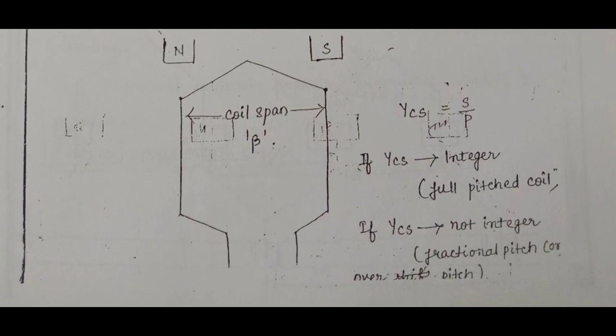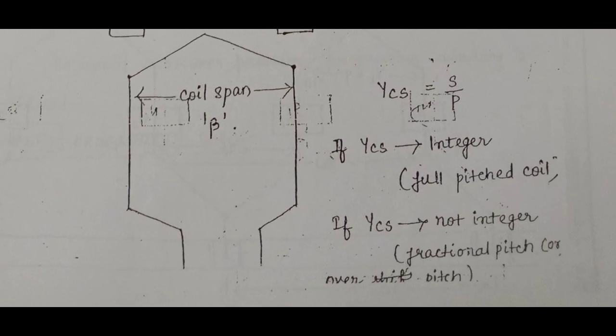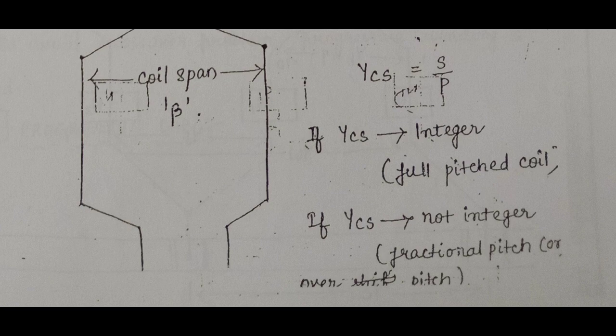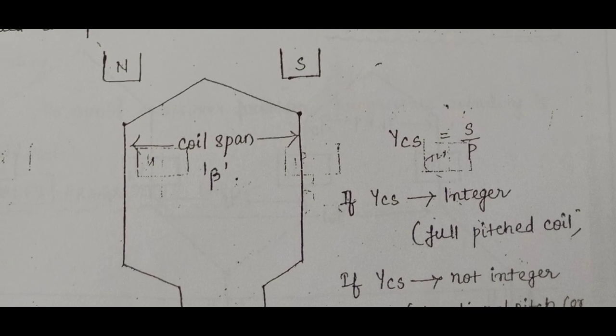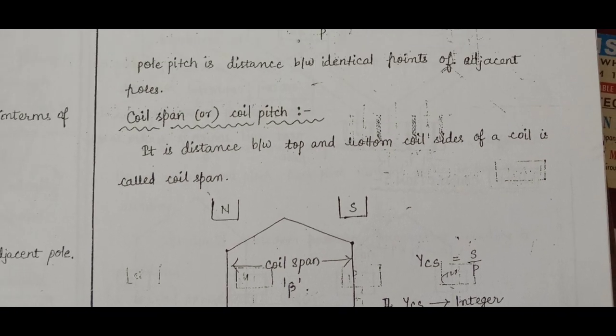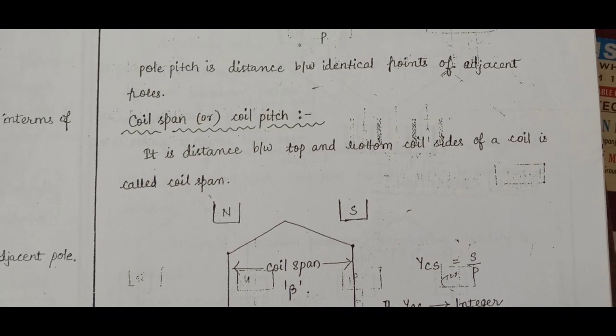Integral and fractional winding: if the number of slots per pole per phase is an integral value, it is an integral winding. If it is a fractional value, it is a fractional winding, a fractional pitch winding.